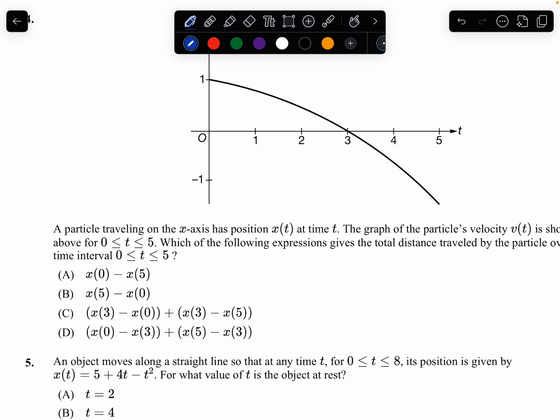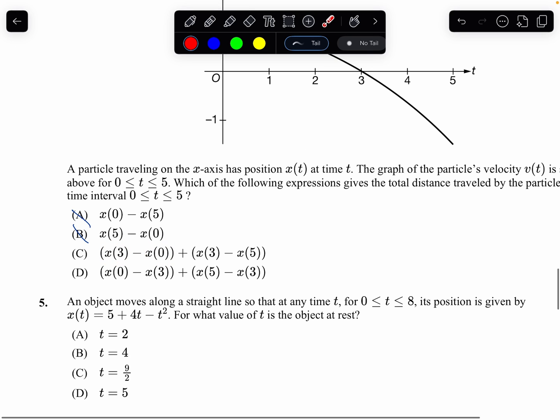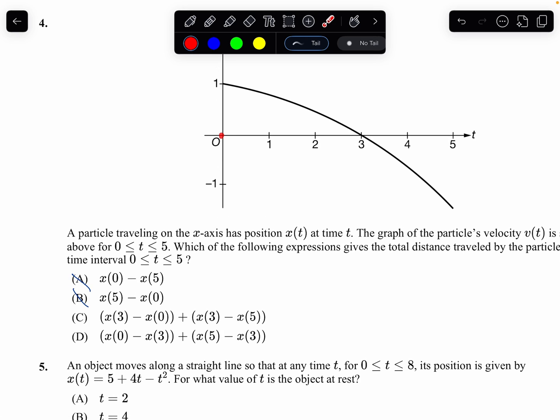So, I know it can't be A or B. Notice the notation for A and B. We're talking in terms of x, which is the position function. So this says the position at 3 minus the position at 0. That's basically saying the change in position from 0 to 3. I take my position at 3, subtract the position of where I was at 0, and that will tell me the distance happening from 0 to 3.